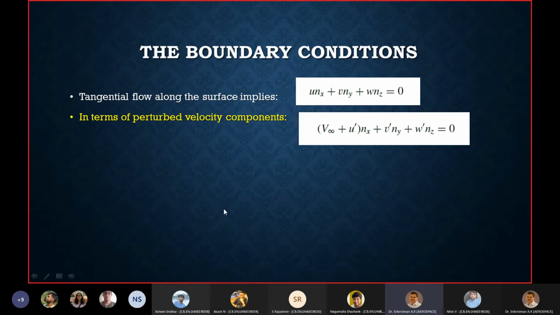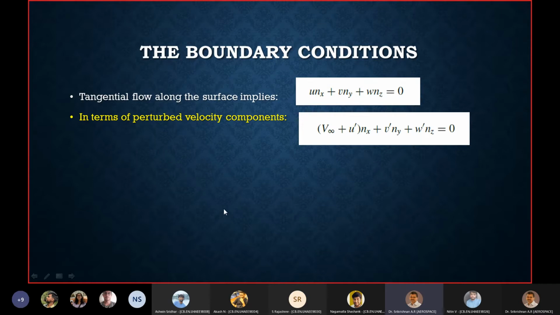And we are now just rewriting that in terms of perturbed velocity components, or in terms of velocity perturbations. So what we have written is u nx, v ny, etc. in the first box. The second one is just rewriting the same. Instead of u, I'm using v infinity plus u dash. U is the local velocity, and we know that the local velocity is nothing but v infinity plus the perturbation.